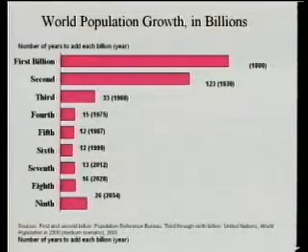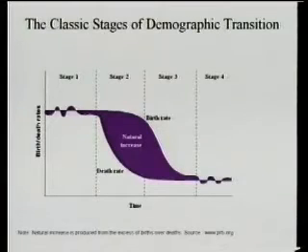Now, of course, I need to analyze population growth in a little more detail, so let me give you the stages of demographic transition. We need to understand this if we're going to talk sensibly about population growth through the 21st century. And what I'm presenting here is a neat little model that tends to encapsulate country by country how population growth changes.